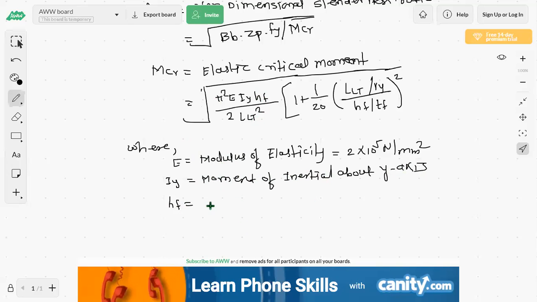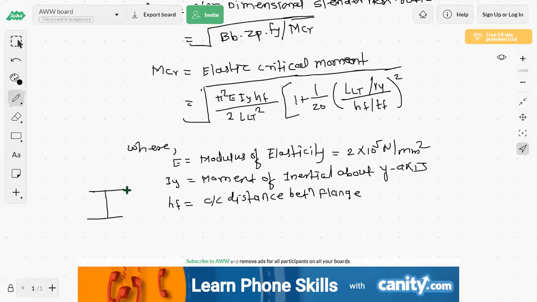So HF is the center to center distance between flange. Center to center distance between flange means these are the two flanges, and the center to center distance between these two flanges is the HF. So how to calculate HF?